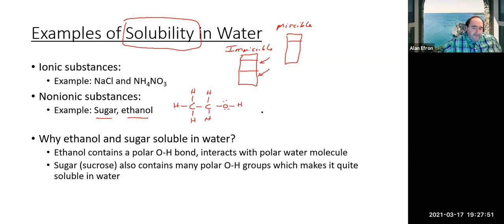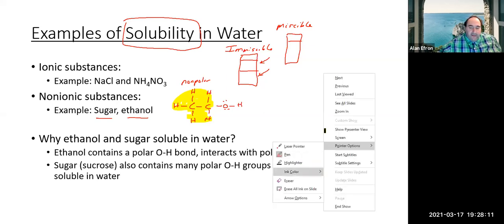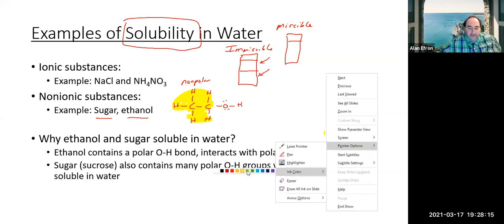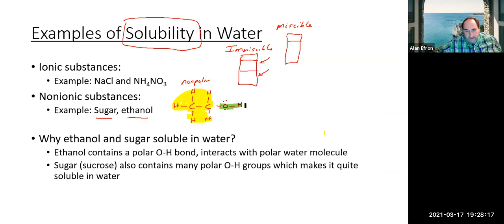If you remember from bonding, all the carbons and hydrogens on this side are pretty much nonpolar. So that's all nonpolar part. But what makes ethanol very soluble in water is the fact that it has that OH group at the very end, and this OH group is a polar group, like we talked about with bonding.